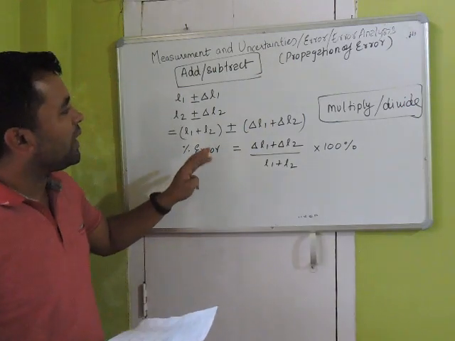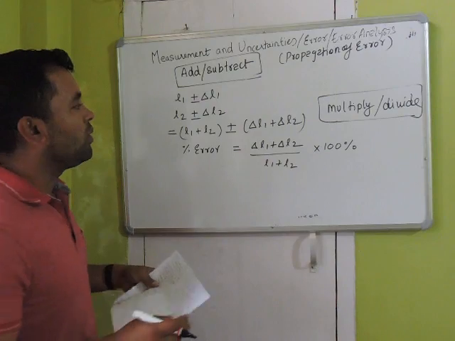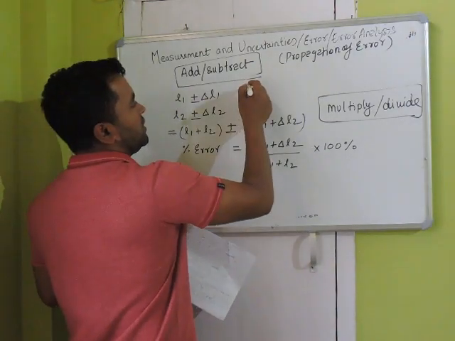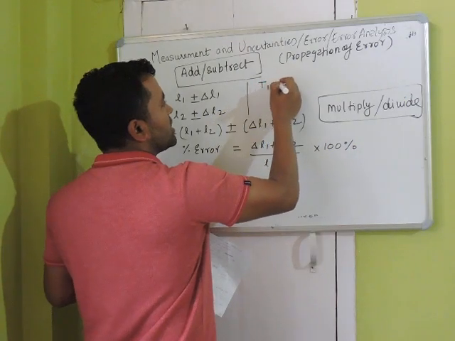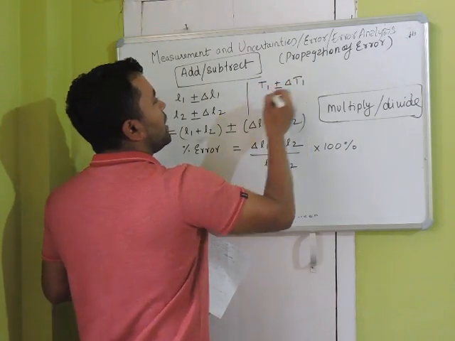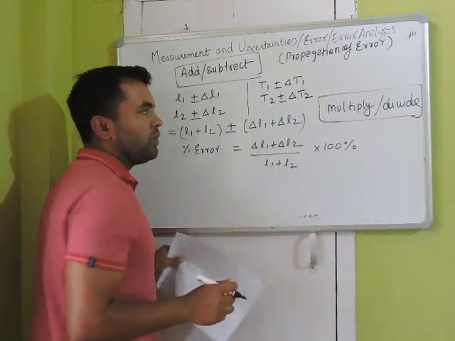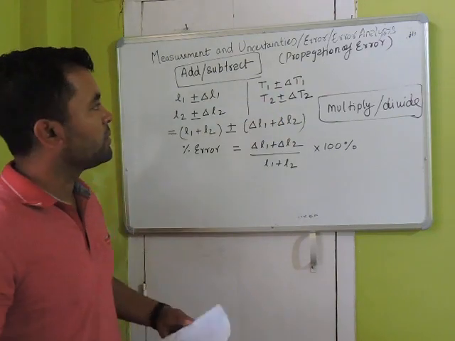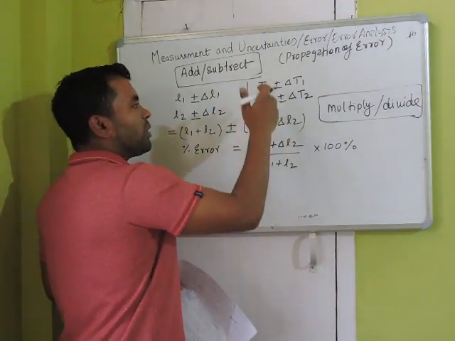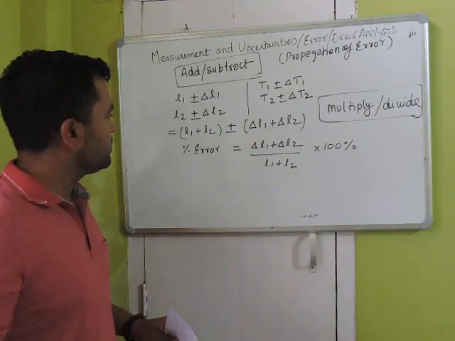Now the same thing, of course, I have to take different numbers. Let us say we have a temperature. For subtraction, suppose we recorded the temperature of two things, and the first temperature is this one and the second is this one. Now if I have to calculate the increase in temperature, what will be the error in that?